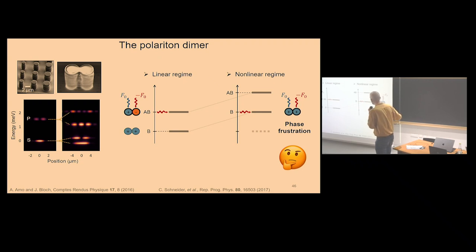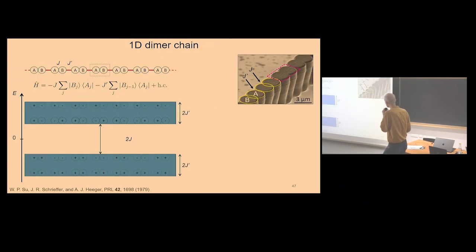And at that point, there is going to be a phase frustration because we are pumping with two pumps with opposite phases, but the state that reaches resonance has this symmetry. Both sides are oscillating in phase. And we ask the question, what happens in that case? This is when the system is highly frustrated in the nonlinear region.